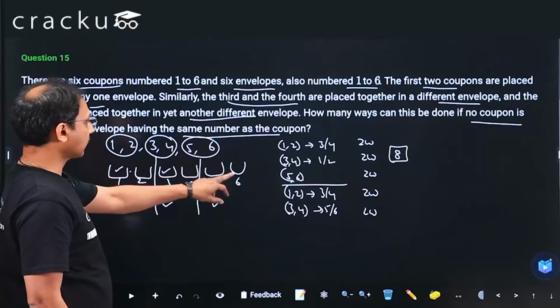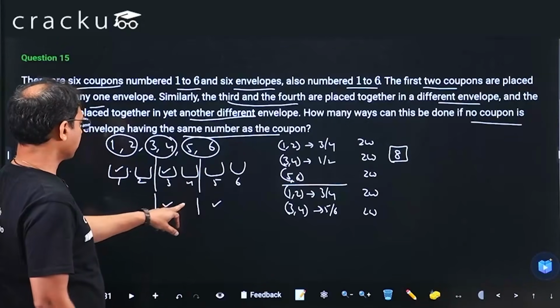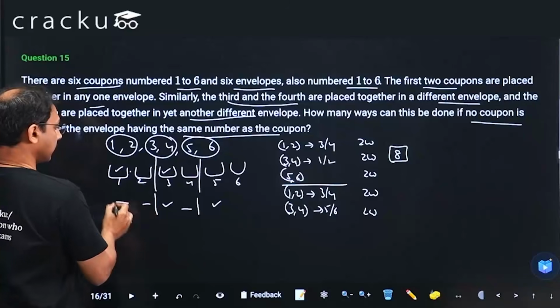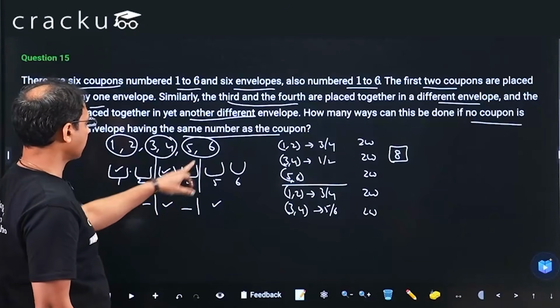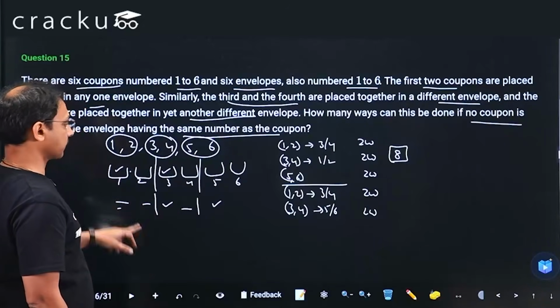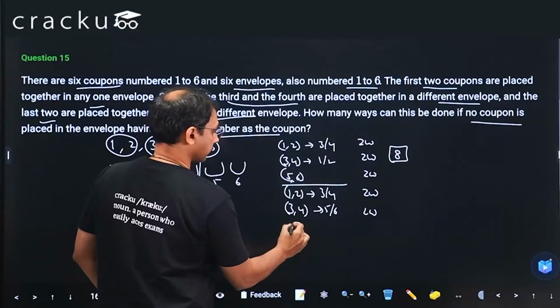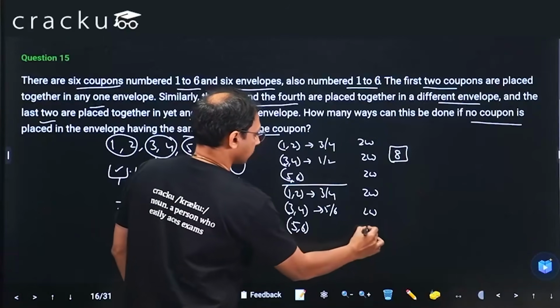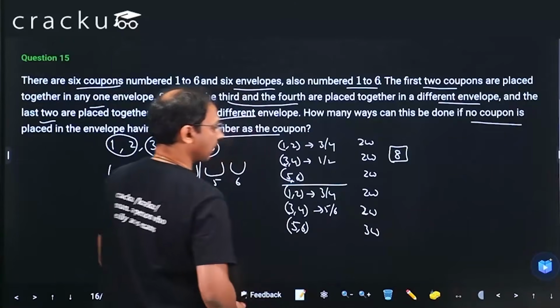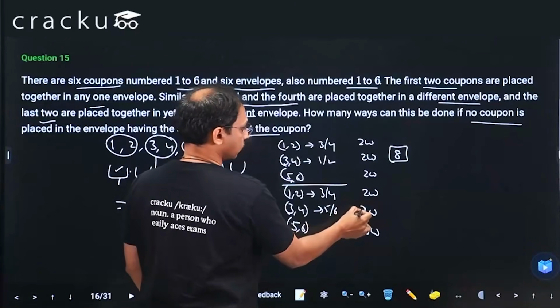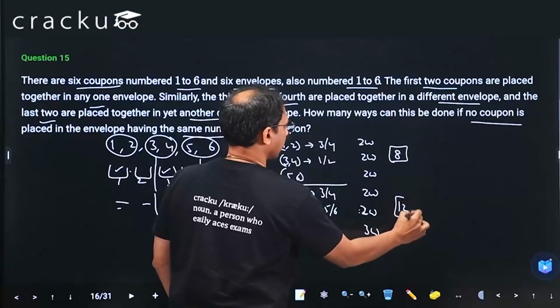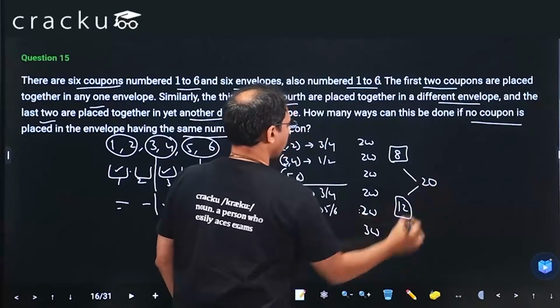Now 5 or 6 can't go here. They can go here. There is a space, and here there are 3 spaces total. So it can go here or here or here. So 5 and 6, there are 3 ways to go into an envelope. So how many ways? 2 into 2, 4, 4 into 3, 12 ways. So the total is 20.